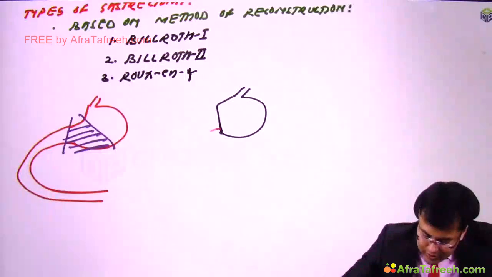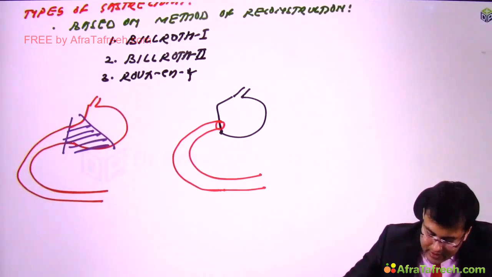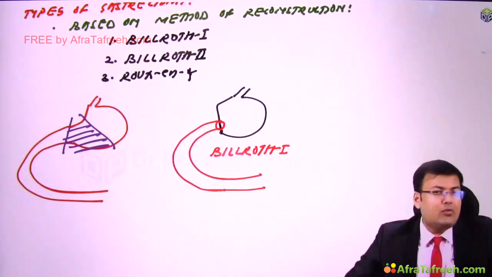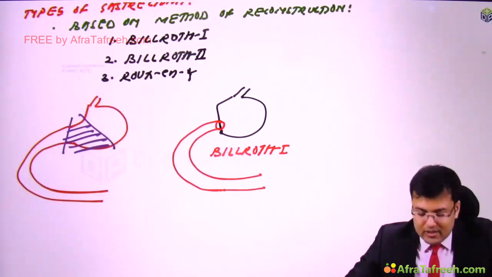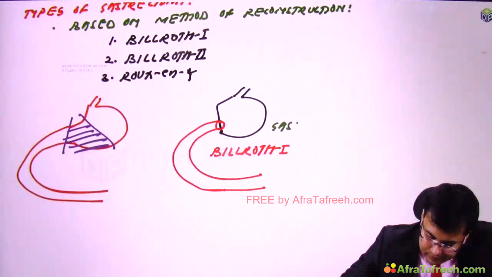If I suture duodenum to gastric remnant, this is known as Billroth 1. And what should be the other name? Stomach is anastomosed to duodenum, so the name should be gastroduodenostomy.